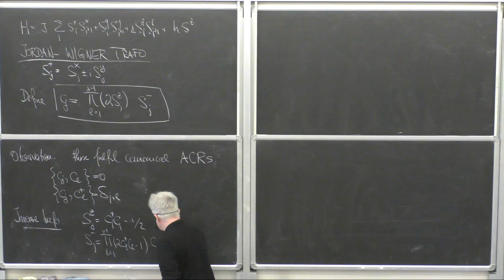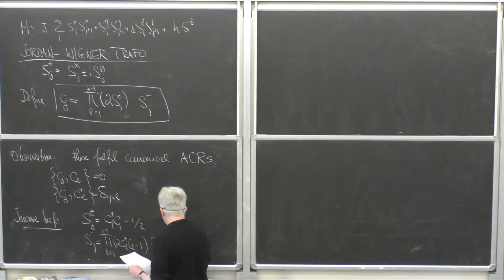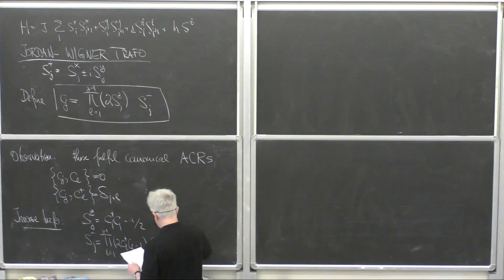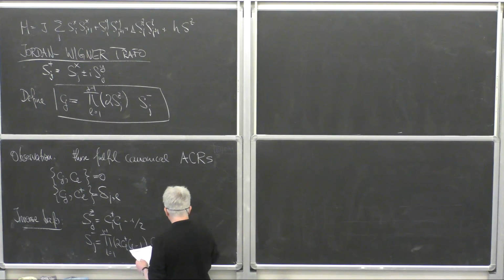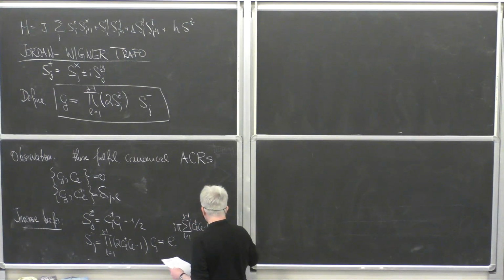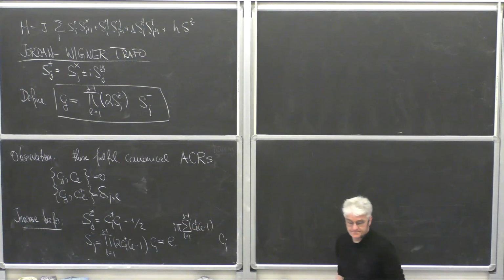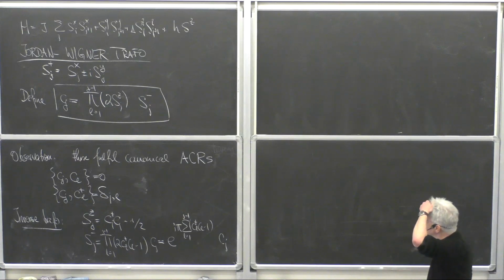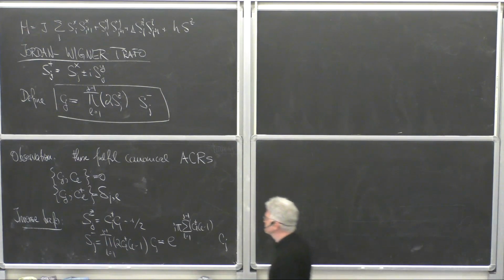And then this is quite often written in an exponential form, the product over l = 1 to j−1 of e^{iπ C†_l C_l}... times C_j. Okay?